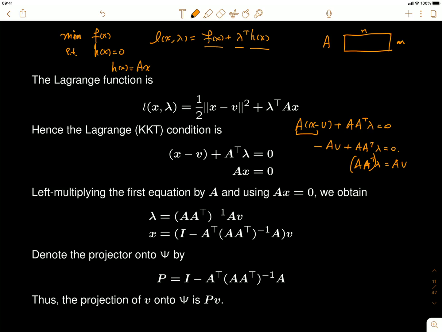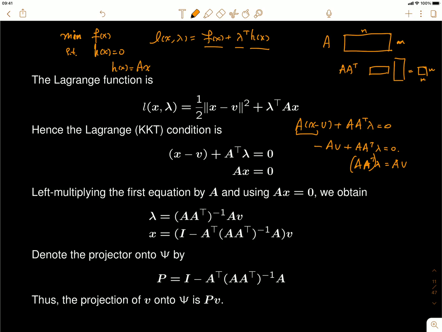And in this case, we know that A A^T, which is an m by m matrix, is like this times this, and this gives us an m by m matrix, and this matrix is guaranteed to be full rank. We have explained this before.